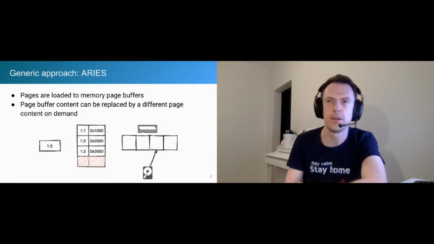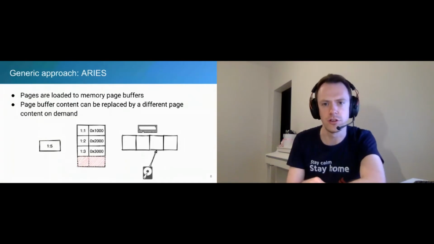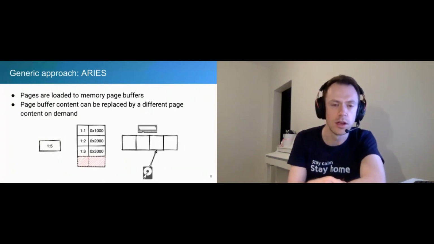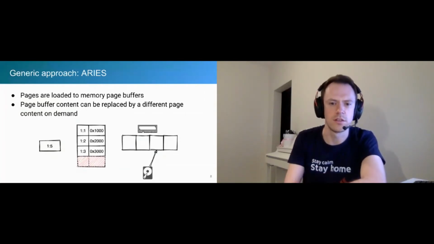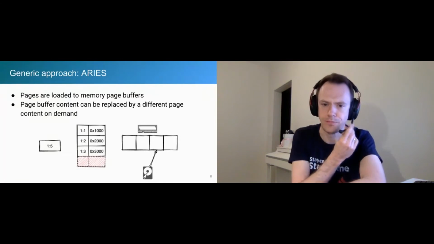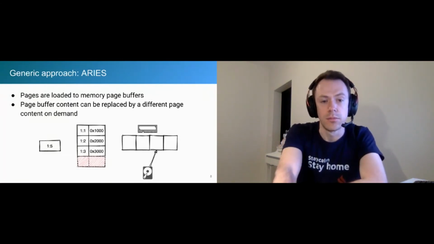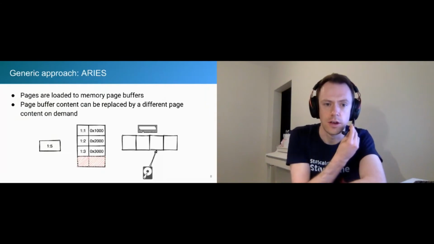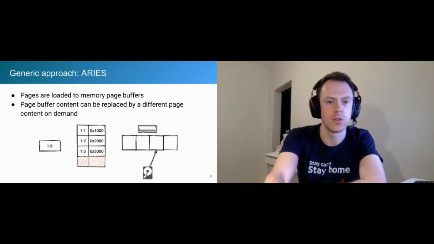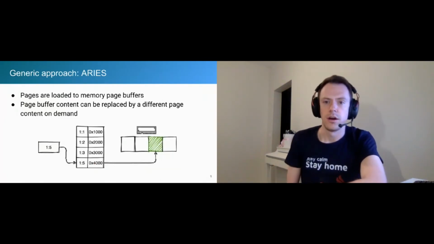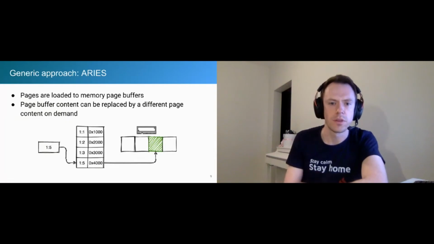Again, the algorithm which chooses this page is outside of the scope, but usually it's the page that was accessed less frequently, or which was accessed the longest time ago. Now that this page is evicted, the page buffer is free, and we can load the page with index 5 into memory. Essentially, this is how page replacement works.